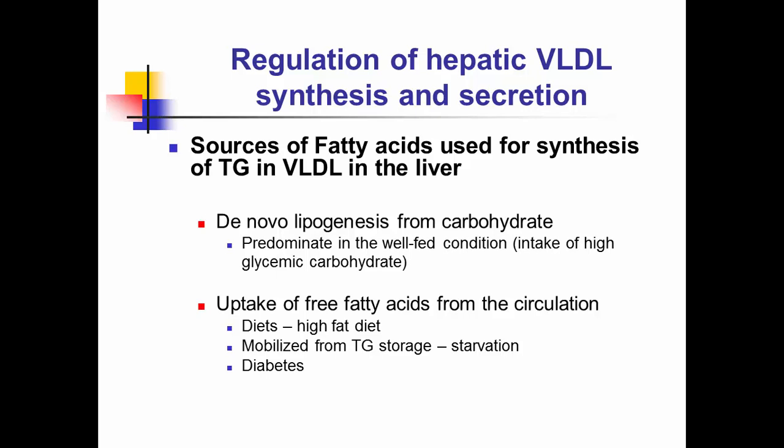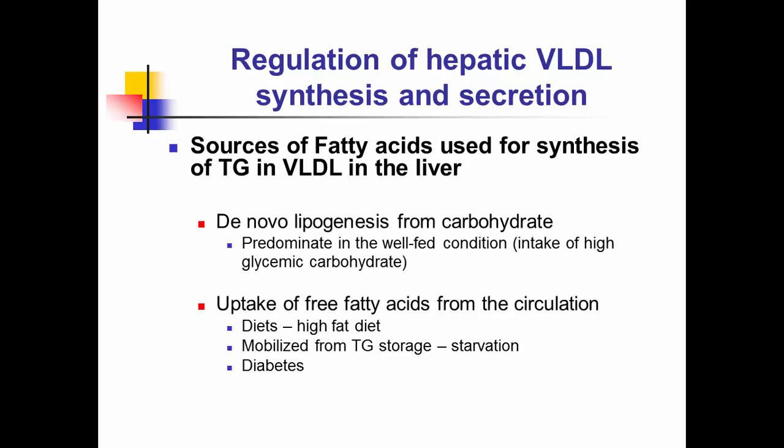Also, during starvation, fatty acids can be picked up from the circulation. This fatty acid initially is from the fat tissue, right? Fat mobilization, triglyceride lipolysis, is increased during the fasting condition. So fatty acids are released from fat tissue, which also causes an increase of fatty acid level in the blood.